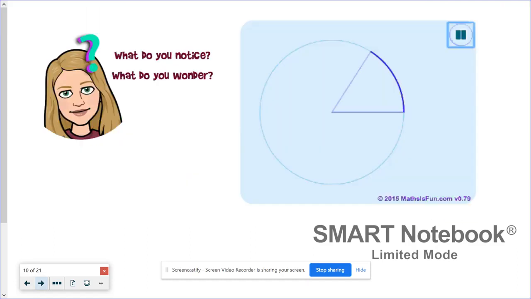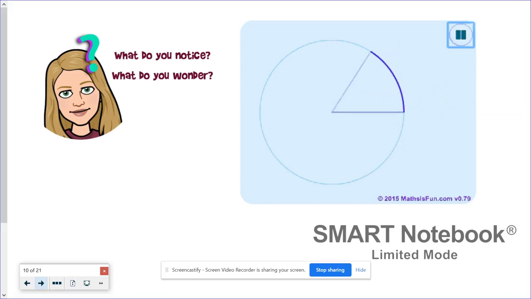So check it out. Notice that they start with the radius of this circle, and then they take the radius and they wrap it around so that it falls directly onto the circle's edge.